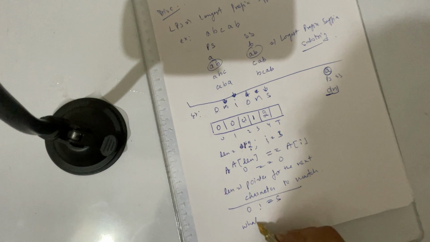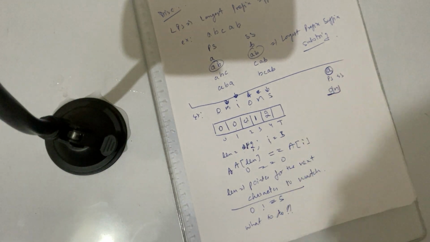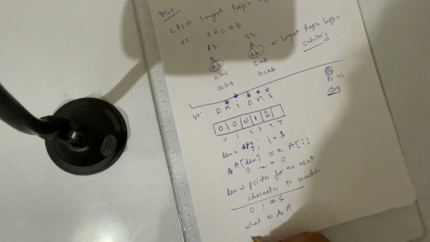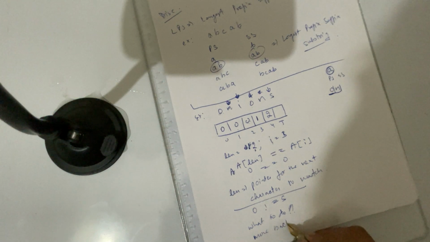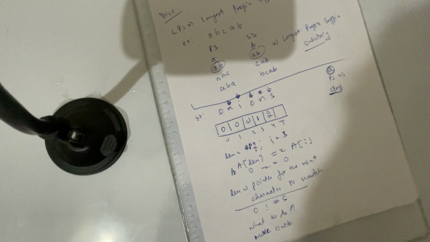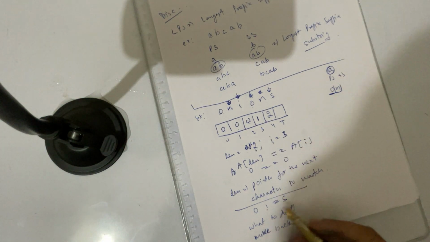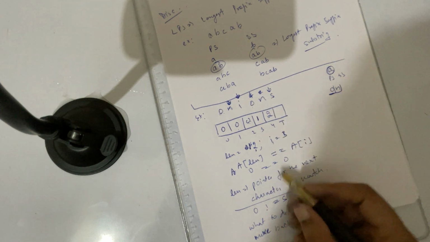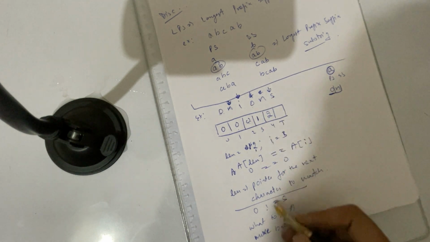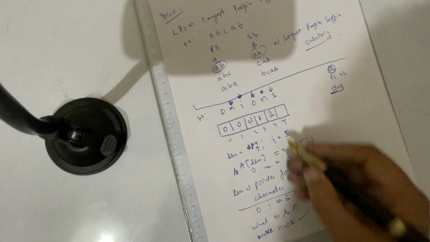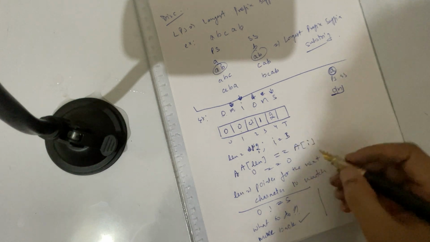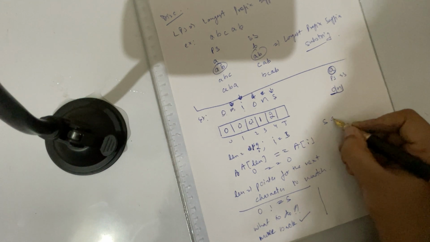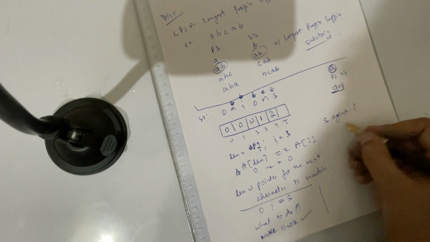Then what to do? So what we can do, we can simply move back. If we move back, we are comparing S against I, and they are not matching.